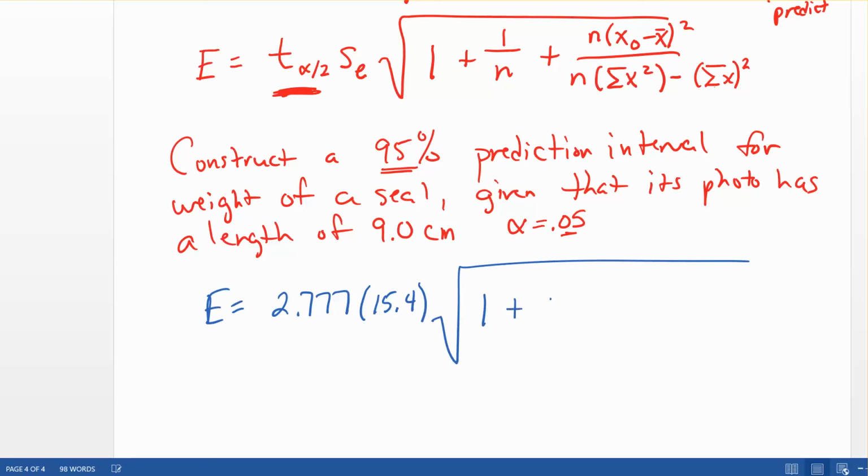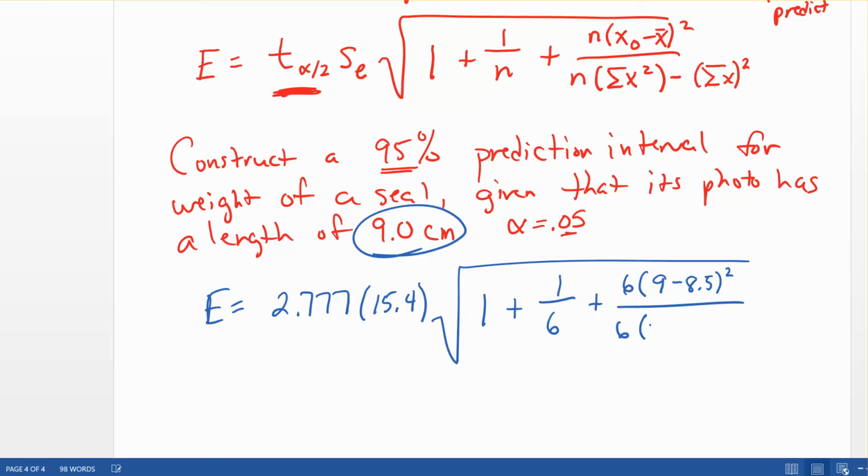Times the square root of 1 plus 1 over n, which is 1 over 6, plus n times x naught, that's 9, what I'm trying to predict, a 9 centimeter picture, minus the mean, which is 8.5, squared, all over n times the sum of the x squareds minus the sum of the x's squared.